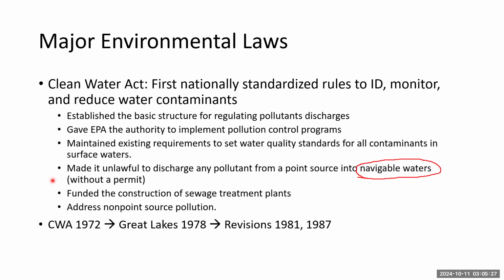And so the common sense interpretation of navigable waters, and how I was instructed to interpret that when I was learning this myself, was if you could put a boat, like a little canoe or a kayak, some sort of flotation vessel, in that body of water and move it some distance within the water, that counted as navigable waters.